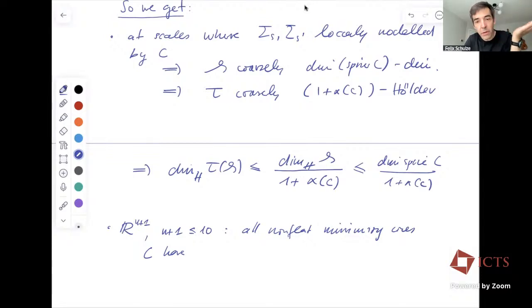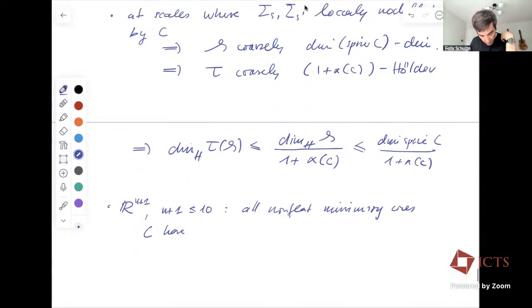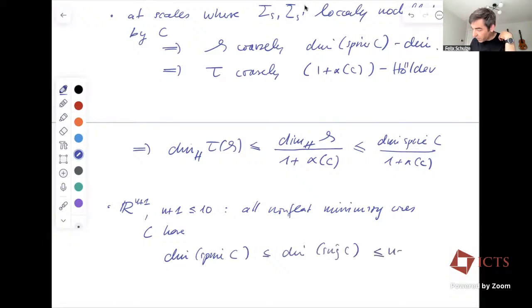Then you would split off everything. So the dimension of the spine of C is at most the dimension of the singularity set of C. This is less than n minus 7, which is less or equal than 2. Kind of at most a 2-dimensional spine.